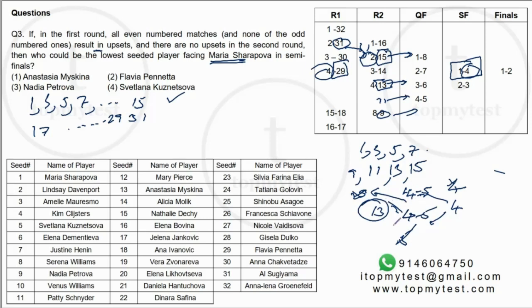So instead of 4, you will have 13 coming in and 5 will anyways proceed. So you could have either 5 or 13 in the quarterfinal. Whoever wins here will play against Maria Sharapova. We want the lowest seeded player, so we'll take 13. 13 is Anastasia Myskina. Option 1 will be our correct choice.